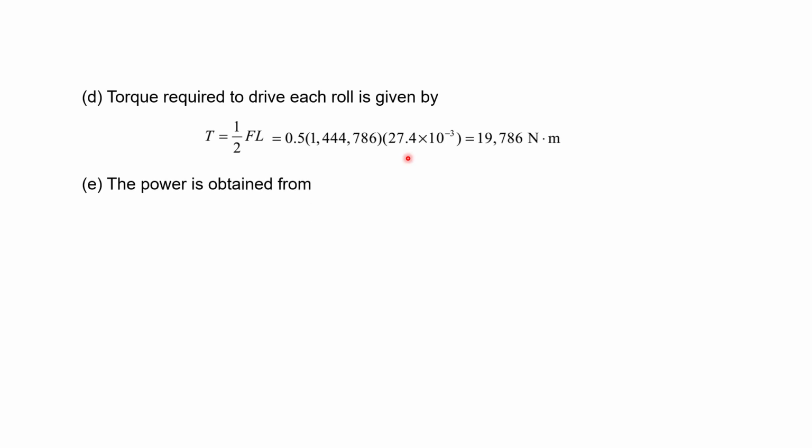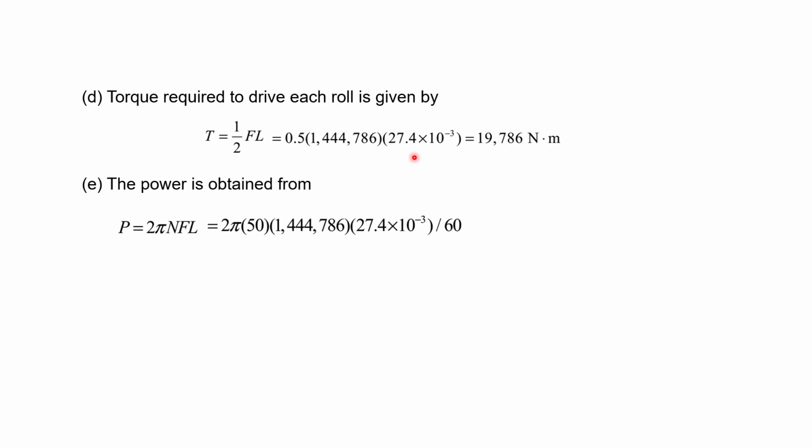Then the power is going to be obtained by applying the parameters of 2 pi and FL. It's going to be nice if you search how to convert the 50 revolutions per minute into radians per second. Okay, so we put everything in.